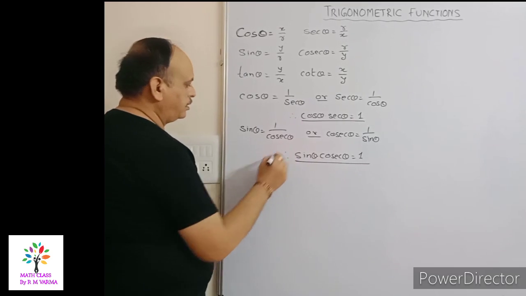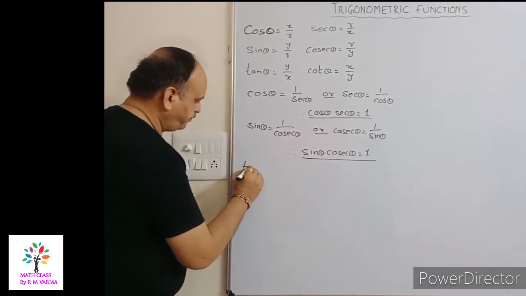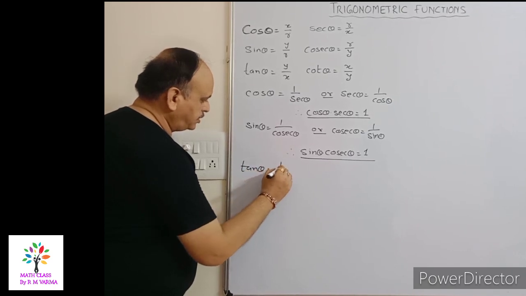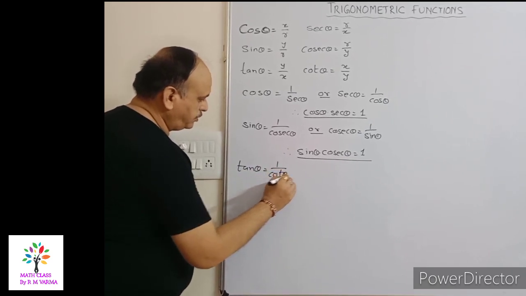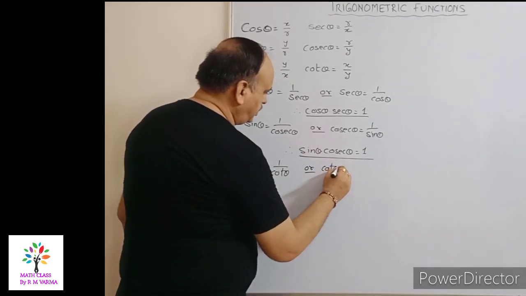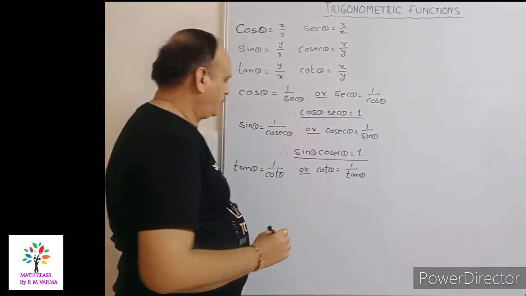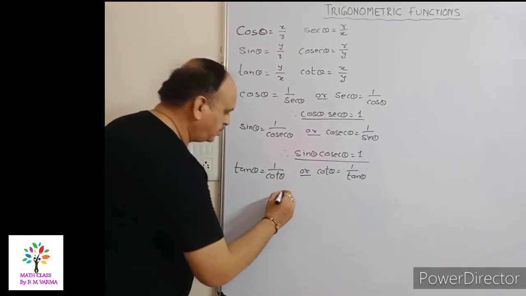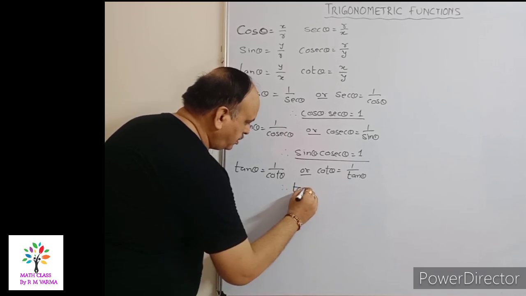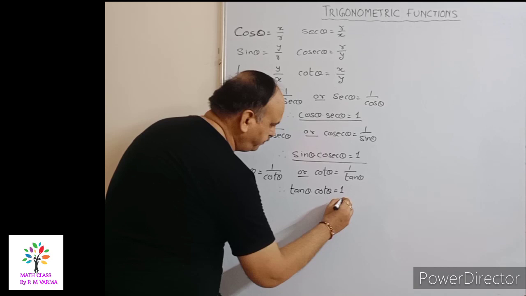Now, with respect to tan, tan theta is 1 upon cot theta, or cot theta equals 1 upon tan theta. Now I multiply cot with tan: tan theta into cot theta is 1.